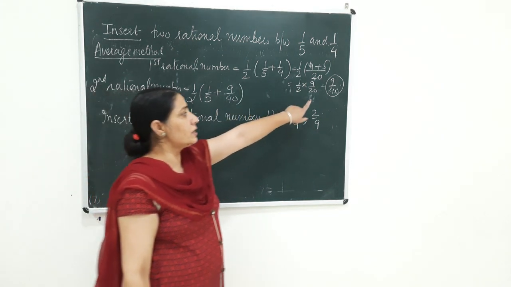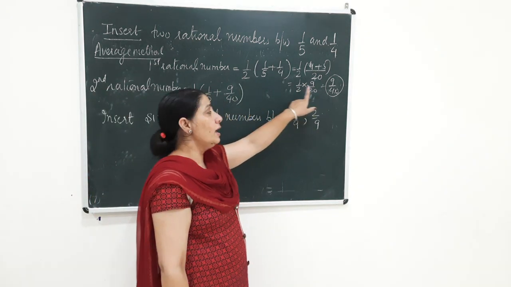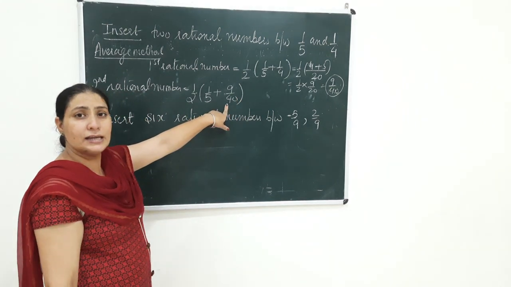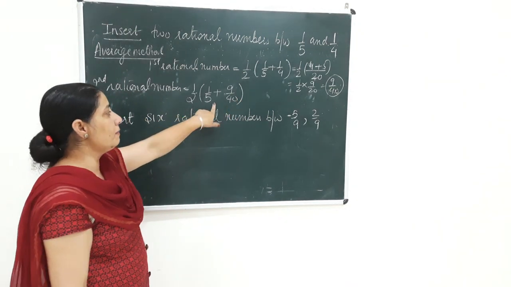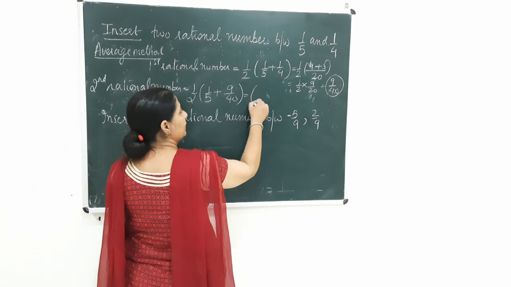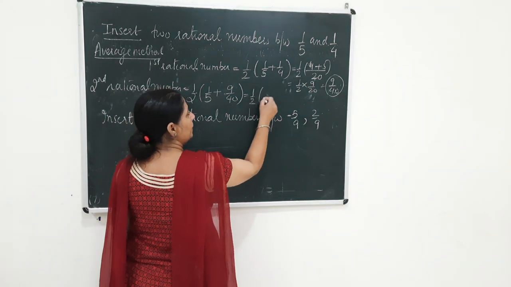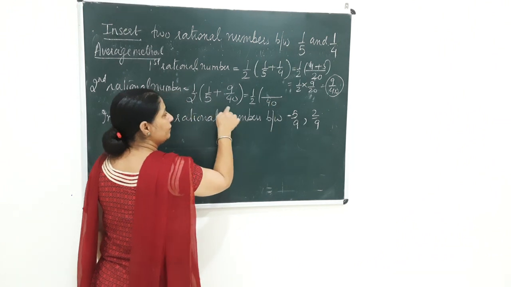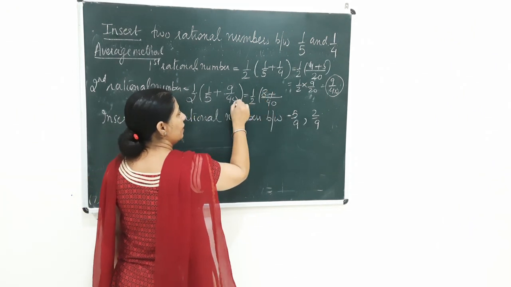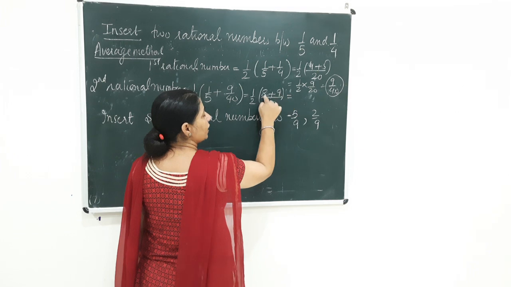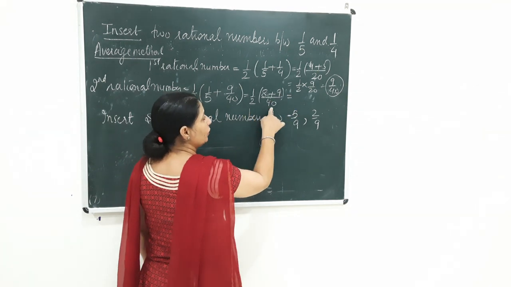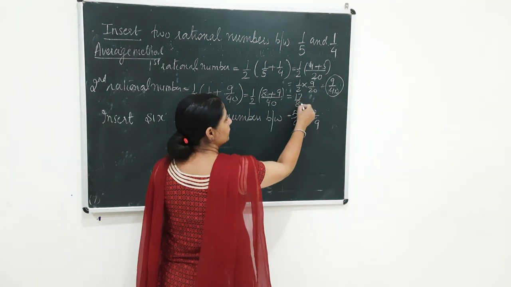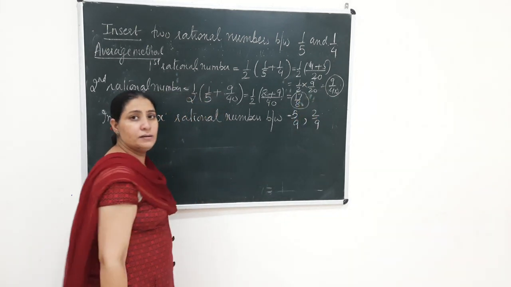The answer that came in the first case, 9 by 40, I will be taking that number at the second position. Now again the same method to be followed. What you will get? Half, bracket start. 5 and 40, the LCM will be equal to 40. 5 eights are 40, you will have 8 here, and here you will have 9. So 9 and 8 becomes 17, and 2 into 40 becomes 80. So the second number becomes 17 by 80.